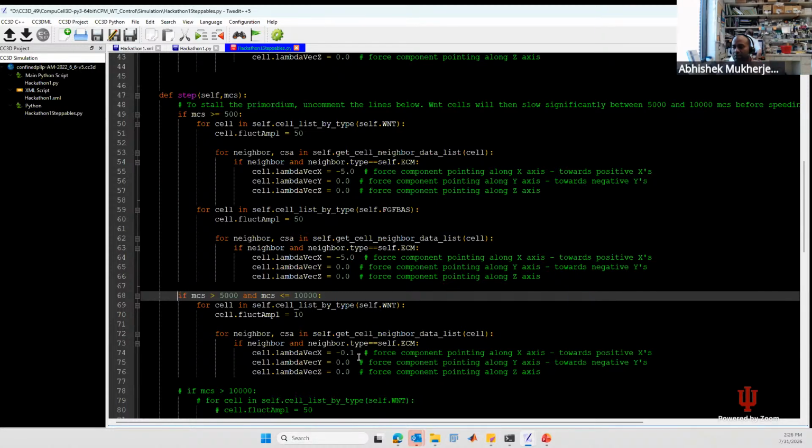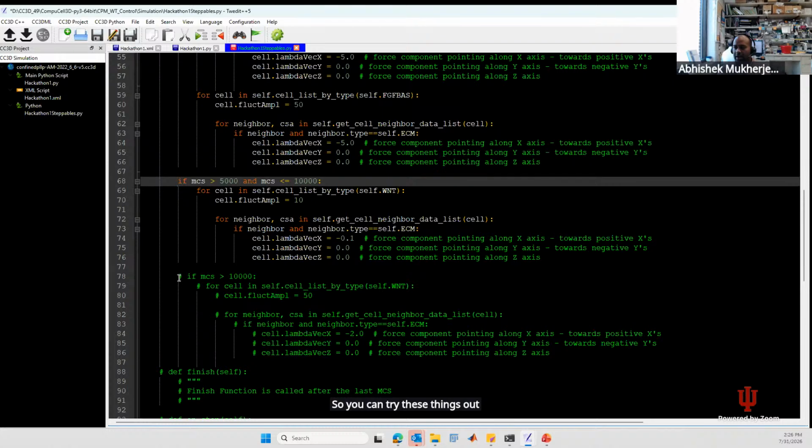Mostly the change in migration speed allowed rosettes to coalesce together, as I showed in that video. So you can try these things out.